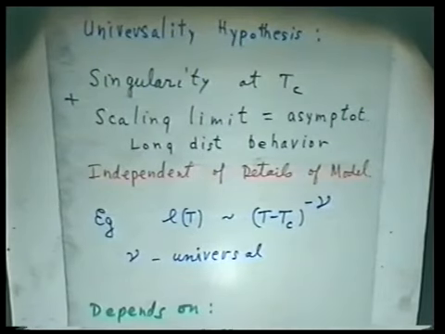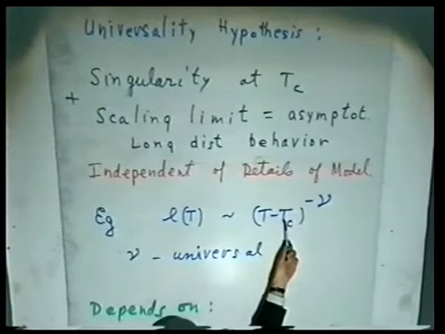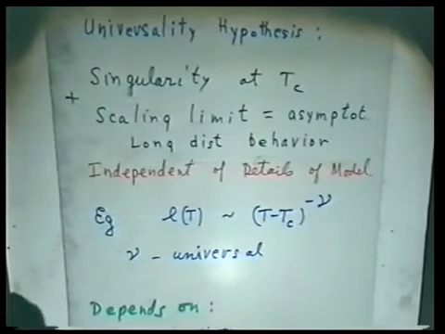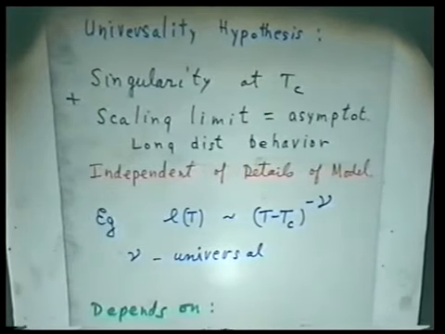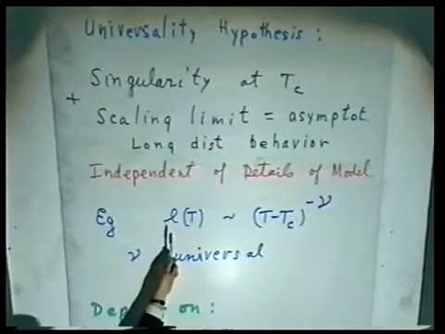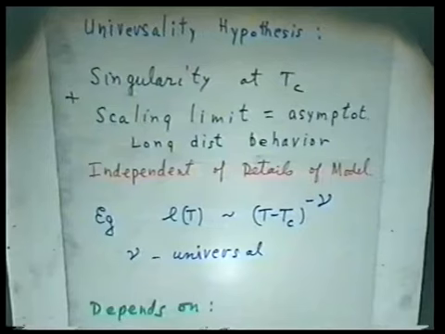And people noticed that although this temperature is model dependent, this Tc is by no means universal, it varies from one system to another. But the way this length diverges at this temperature, that's universal.